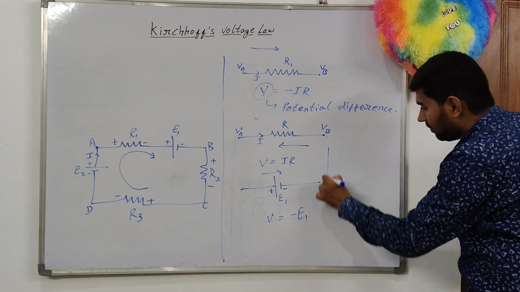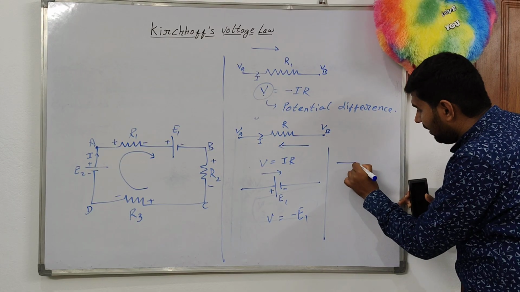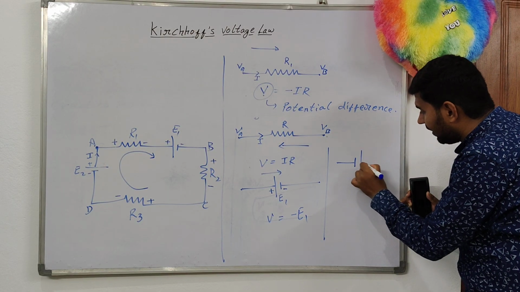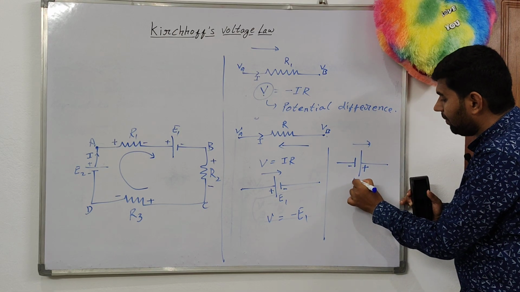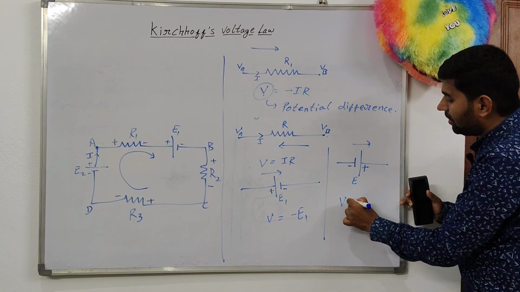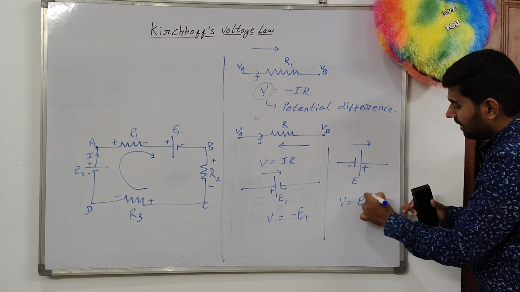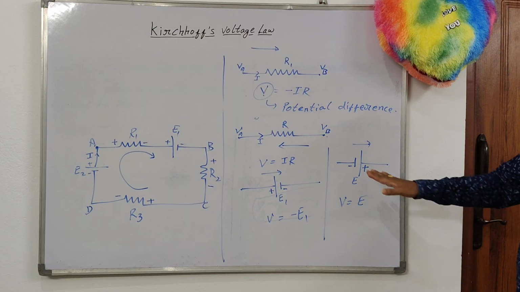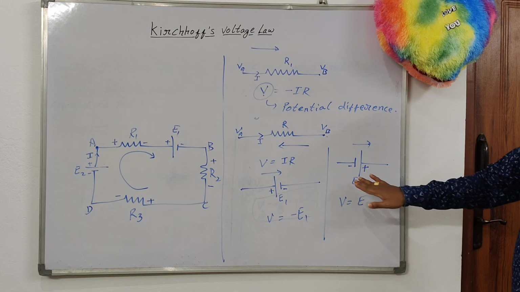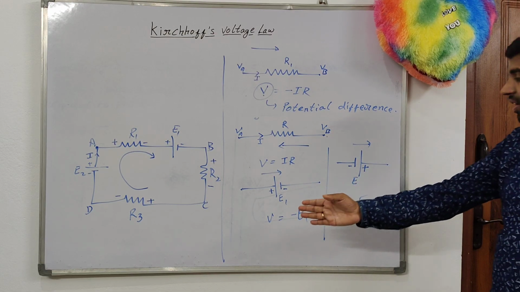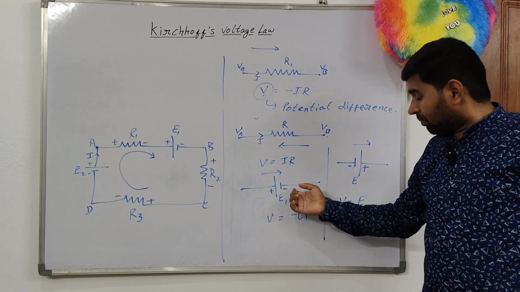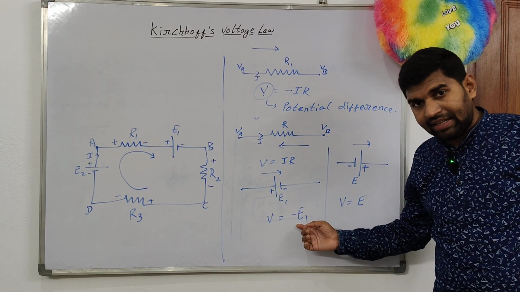In the same way, if you are moving from the negative terminal of the cell to the positive terminal of the cell, the change in potential V is equal to E. It is moving from negative potential to higher potential, it is positive. If it is moving from higher potential to lower potential, it is negative.